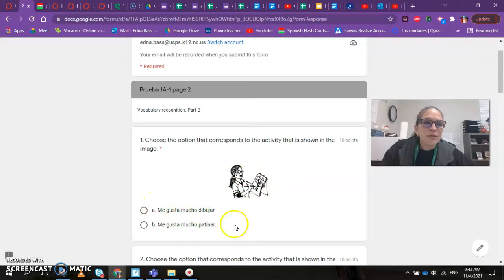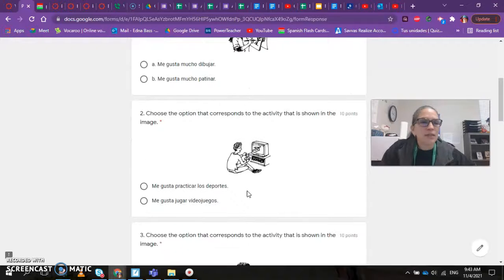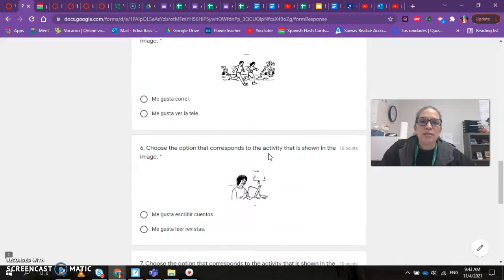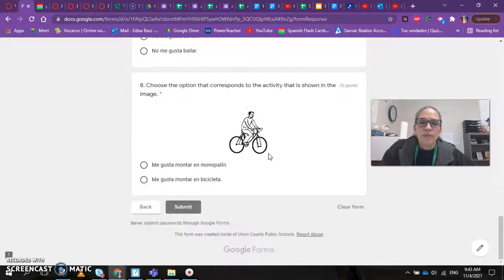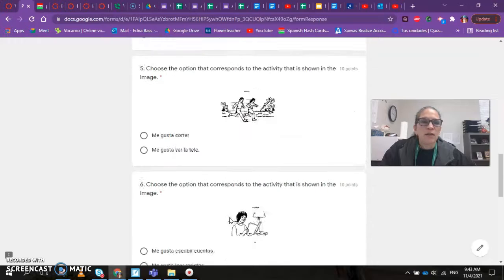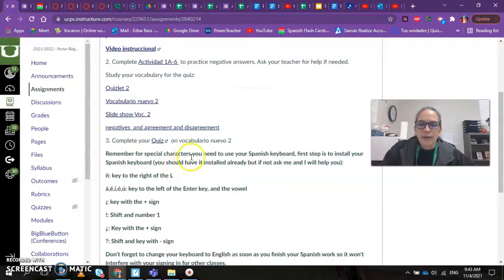You have 2 statements. You pick the one that contains the activity that is shown in the picture. Please do not check if they look happy or unhappy doing it. Doesn't matter. Just whatever is on the picture, you select the answer. And that's it. So once you finish that, you are done. That's your quiz for today.